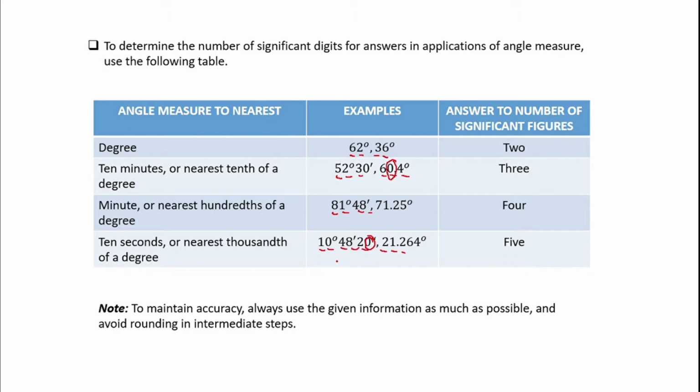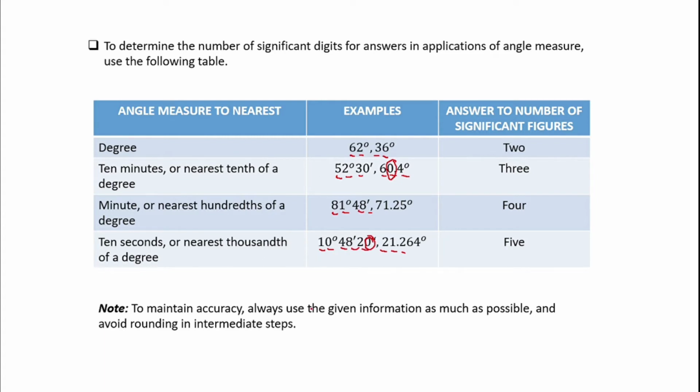We base the number of significant figures for the angle and also the sides of the triangle on this. Note, to maintain accuracy, always use the given information as much as possible and avoid rounding in intermediate steps. Whatever the given information is, we have to use it and not make use of the answer of another one, because that would make the answer vary.